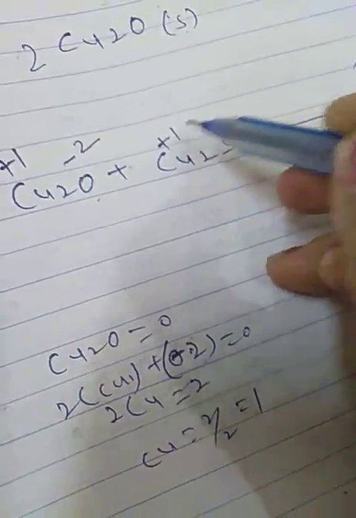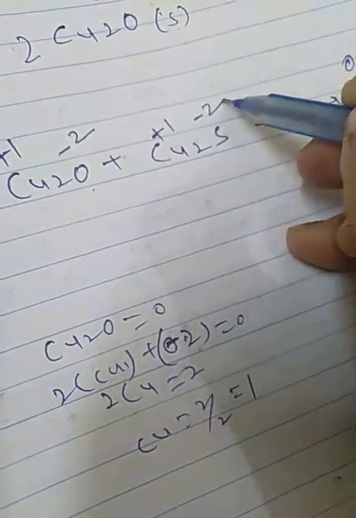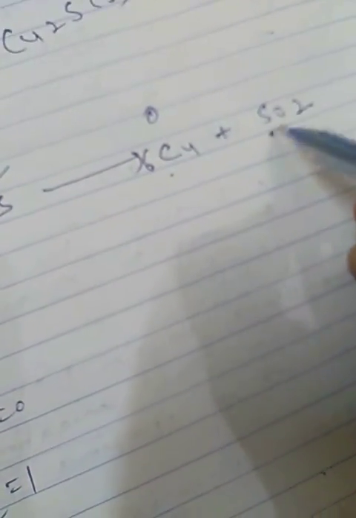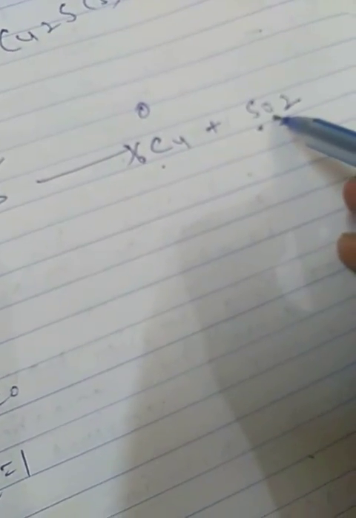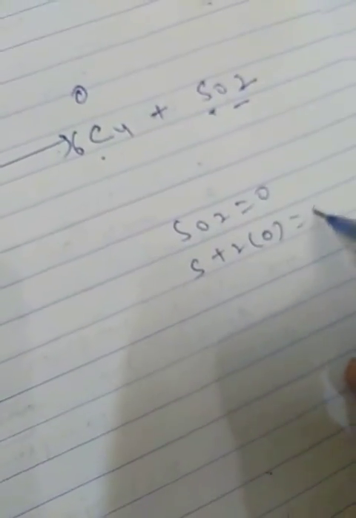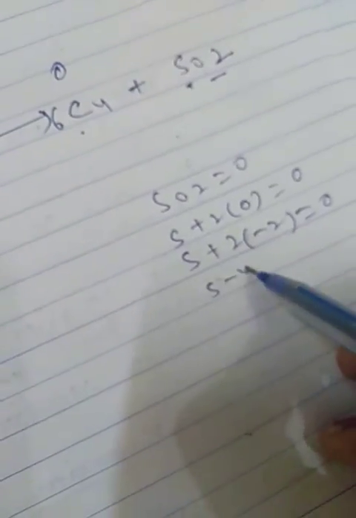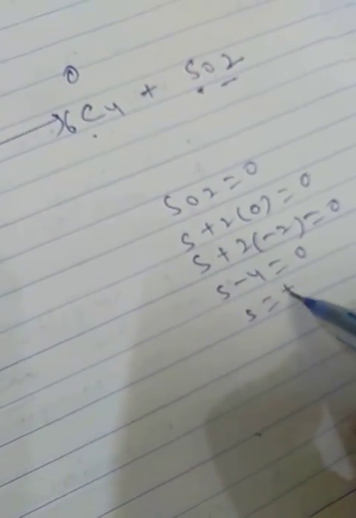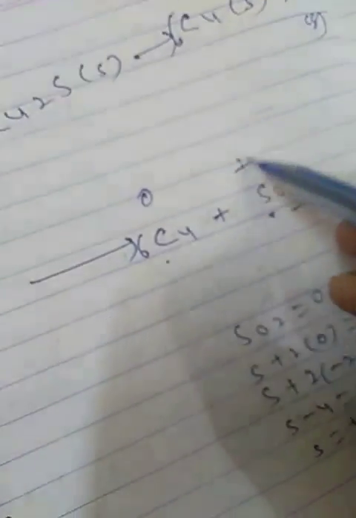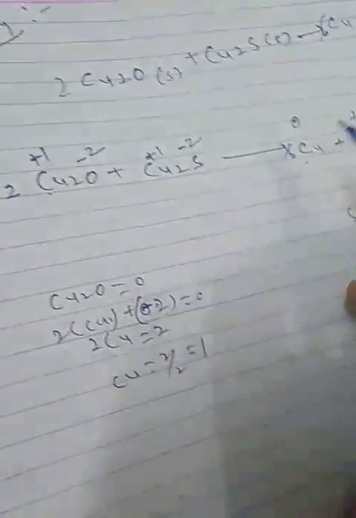Cu is 0, and in SO2: S plus 2 oxygen is equal to 0, S plus 2 times minus 2 is equal to 0, S minus 4 is equal to 0, so S is plus 4. So sulfur's plus 4 and oxygen's minus 2. Now I wrote all the oxidation numbers.